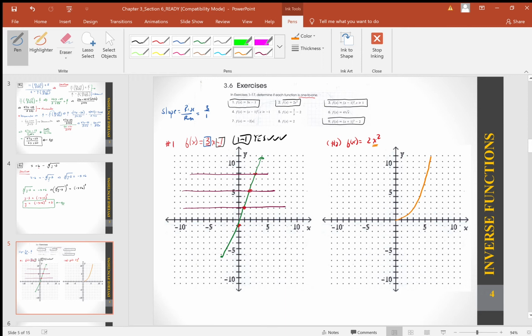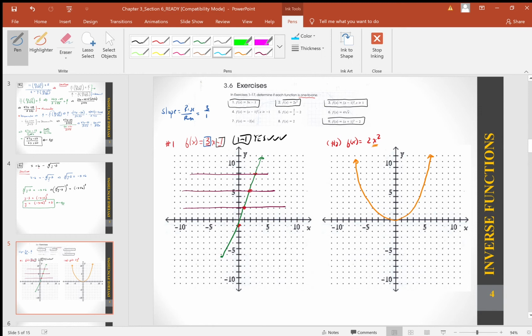That's just the profile. I didn't plot any points there because you just know it's going to be twice x squared. But you can plot it, and then you'll see the profile looks like that.